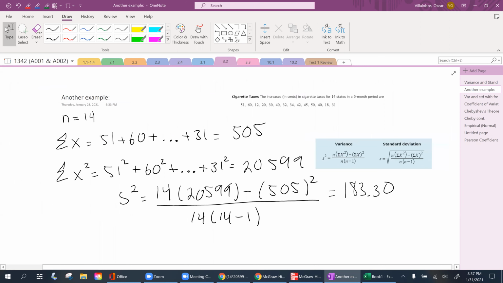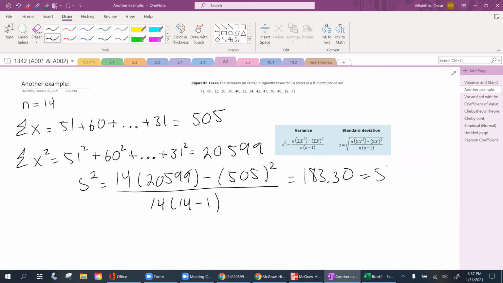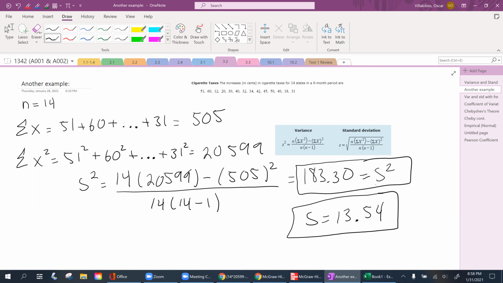So this here would be my variance. And for my standard deviation, let's take the square root of that, 183.30. My standard deviation is 13.54.